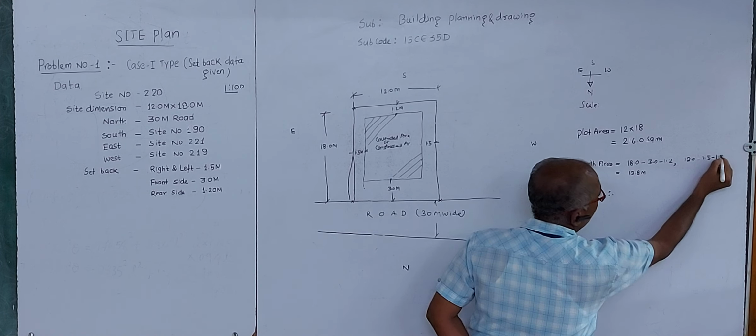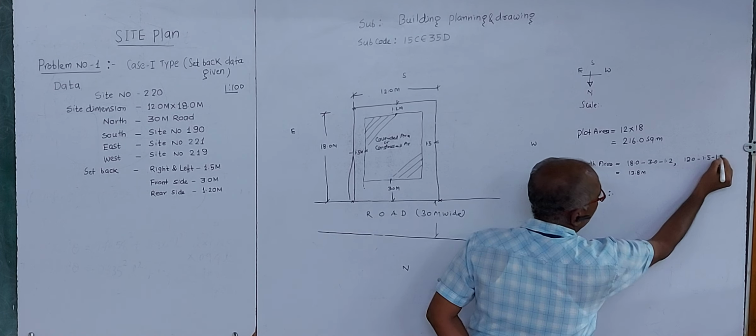So from here to here, this is considered as 9 meters, and from here to here, this is considered as 13.8 meters. This is the west side, this is the south side, this is the east side, and this is the north side.